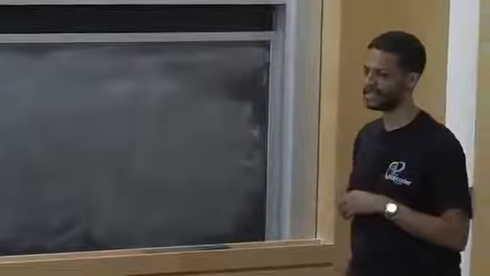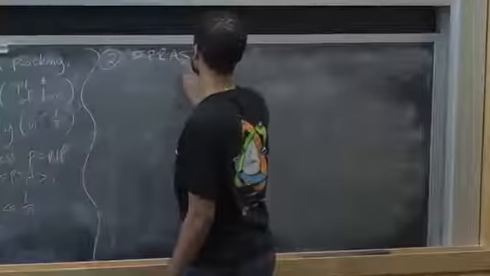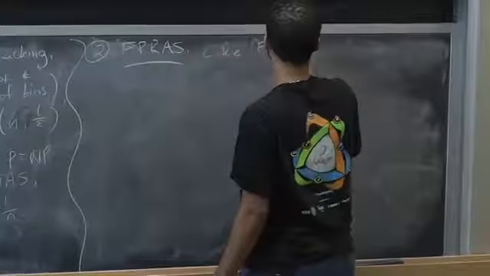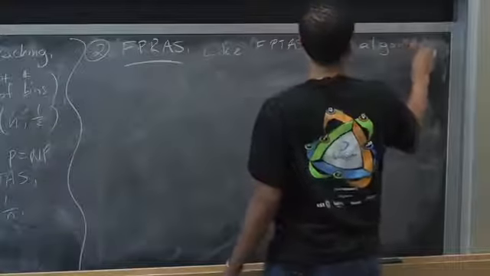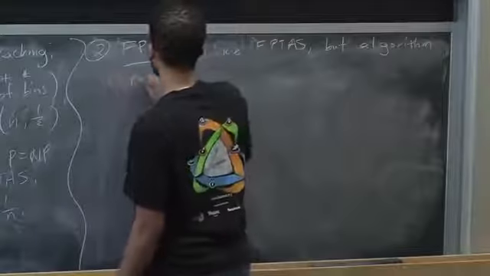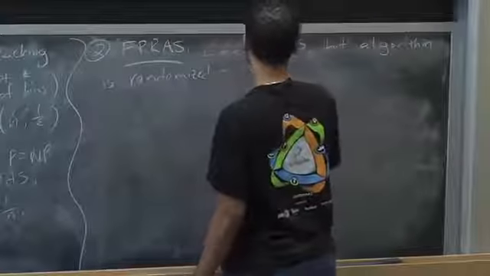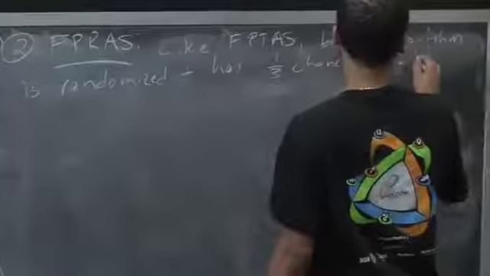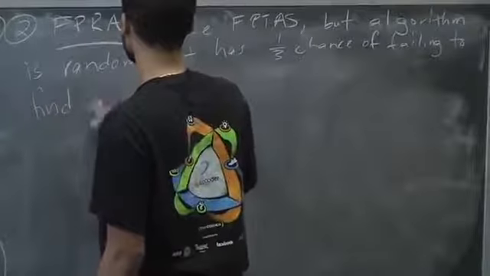And I want to move to FPRASes. Okay. So FPRAS. It's like an FPTAS, but the algorithm is randomized and has some 1/3 chance of failing to find a good solution.